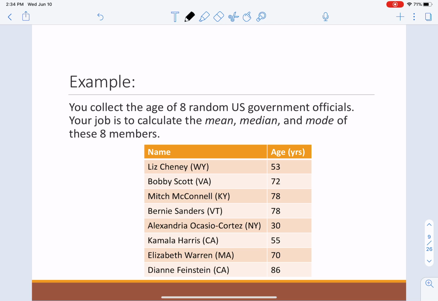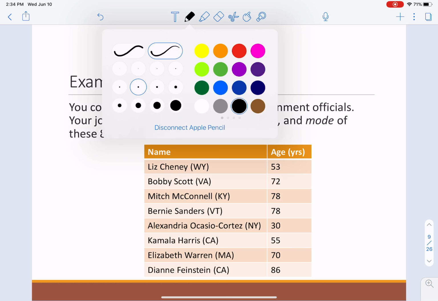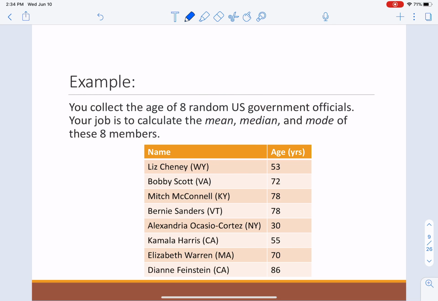Before I do it, and before we move on, I encourage you to do this yourself and see if your answers and my answers are the same. In this case, you want to make sure that you get this right because this is a very important concept in statistics.